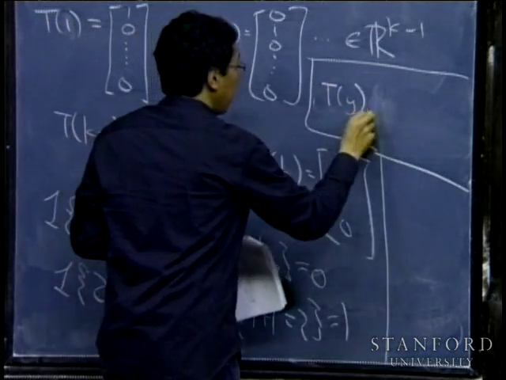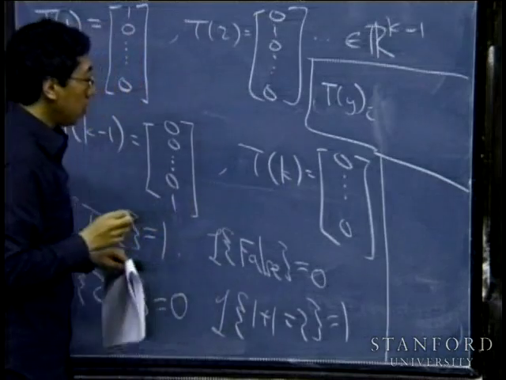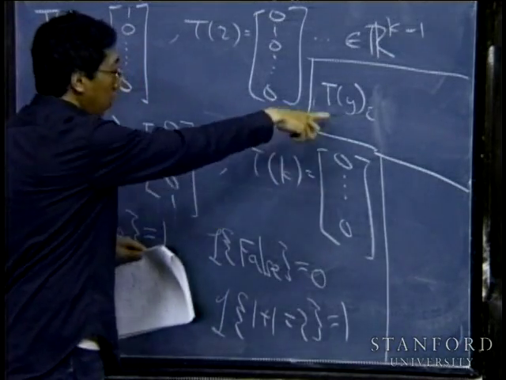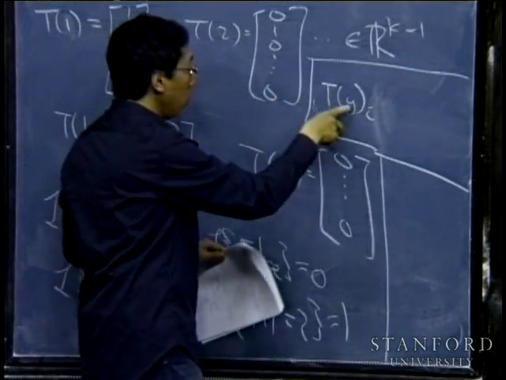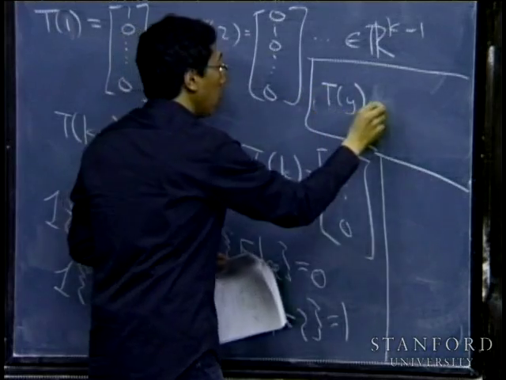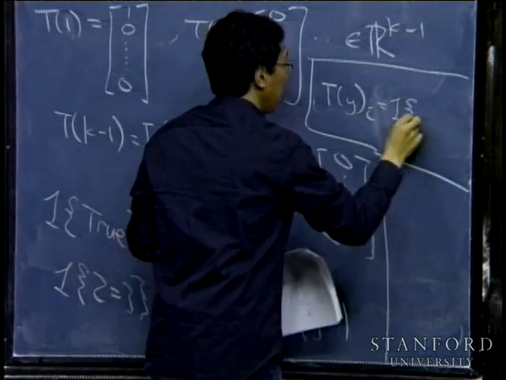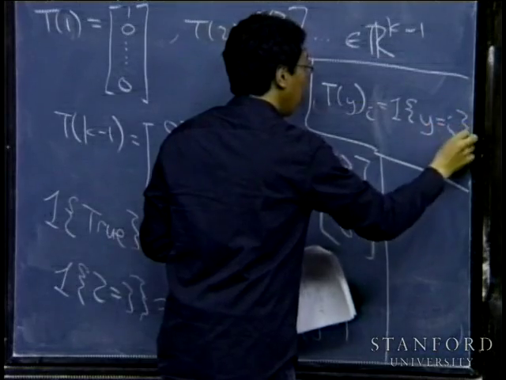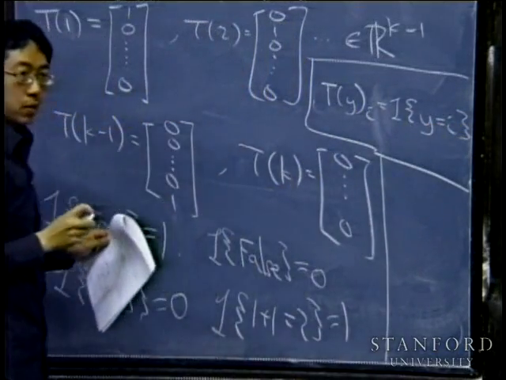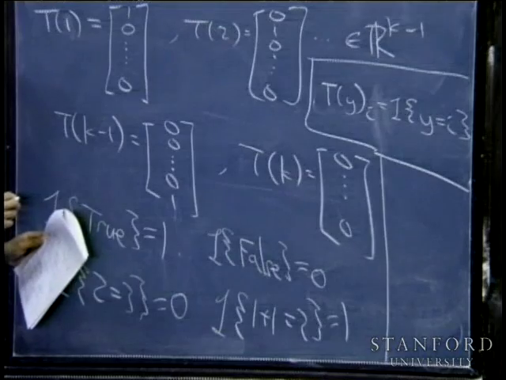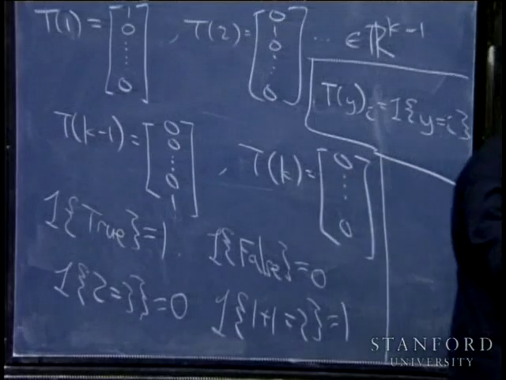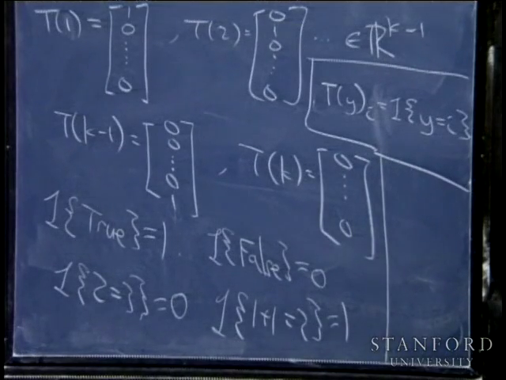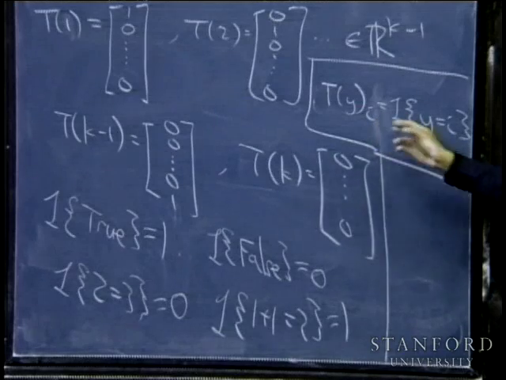If I use t of y subscript i to denote the ith element of the vector t of y, then the ith element of the vector t of y is just equal to the indicator for whether y is equal to i. Okay, so I'll clean a couple more boards. Take a look at this for a second and make sure you understand all that notation and why this is true.